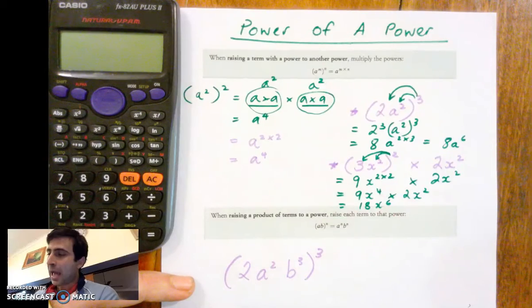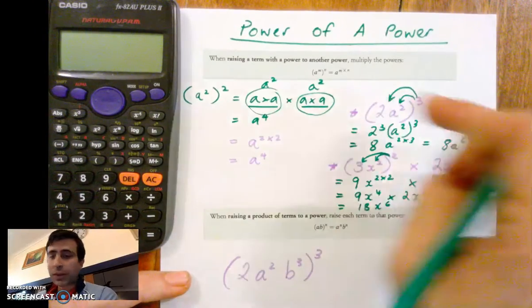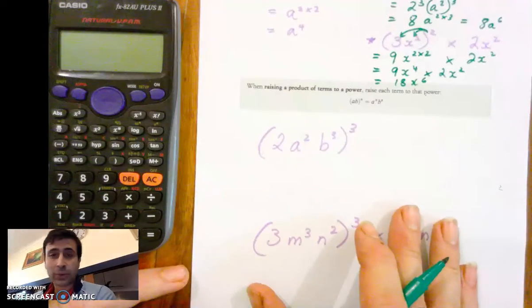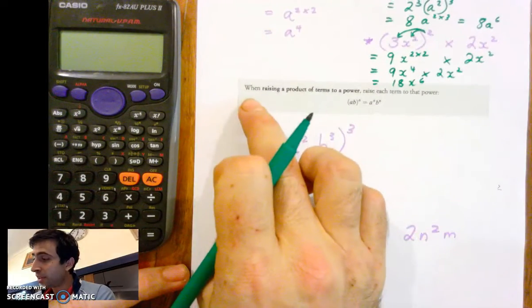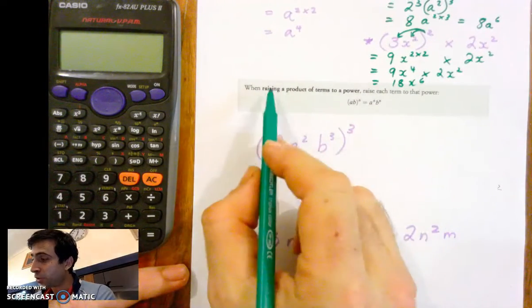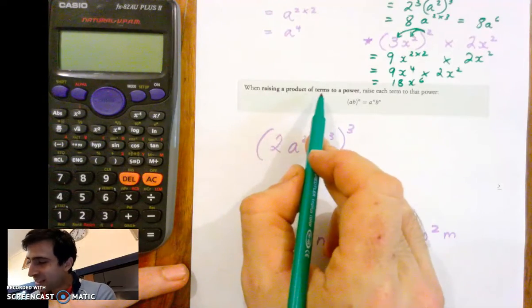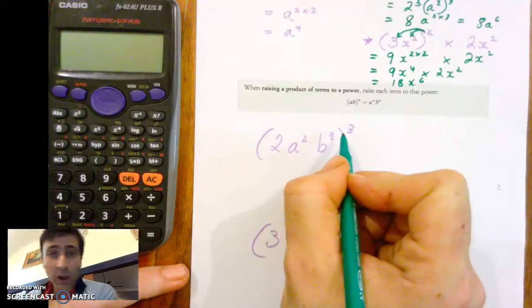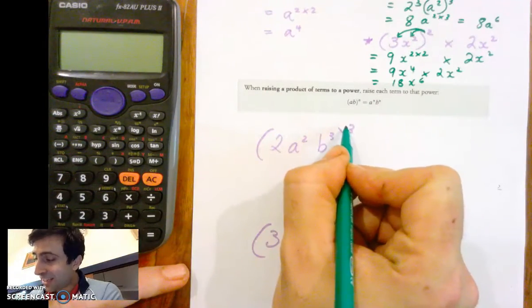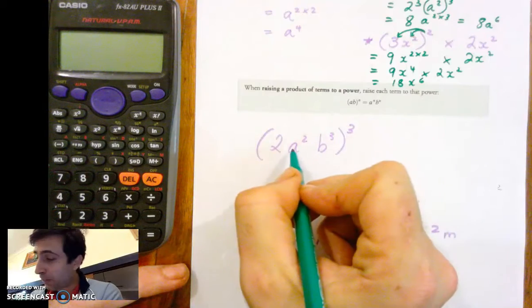Easy. And as an extension of this, we can then look at this rule, which is raising a product of terms to a power. It's exactly the same. And this is why I like to use the arrows, because it's exactly the same for each term.